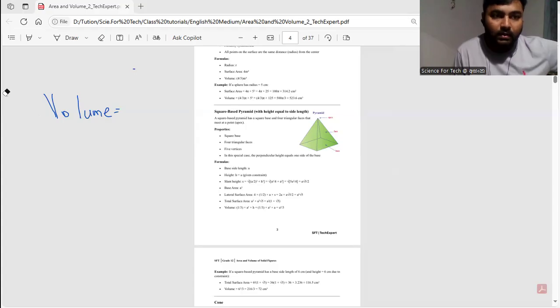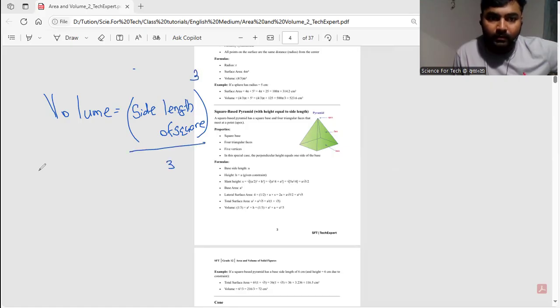You can write like this: side length of square, take the cube of it and divide by 3.